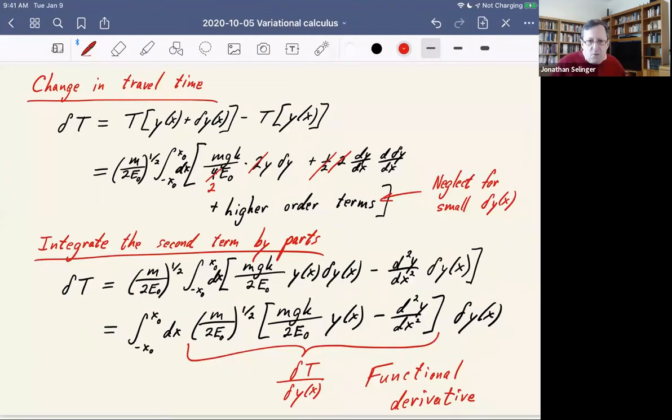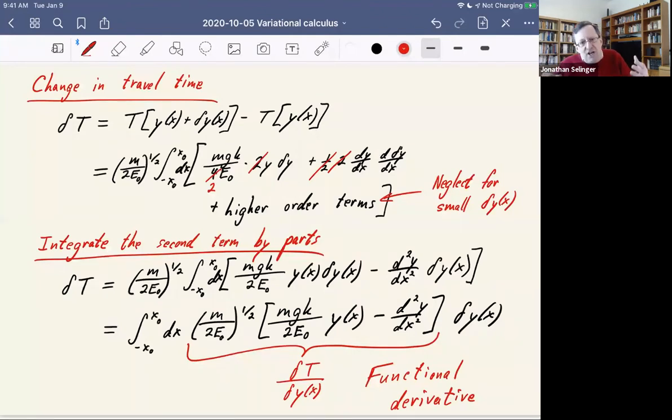So now we say we want to make up a criterion to judge whether y of x could possibly be the best path, right? Could it possibly be the path that gives the minimum travel time? Well, the only way that it can be the minimum is if any small change gives the same travel time, right?